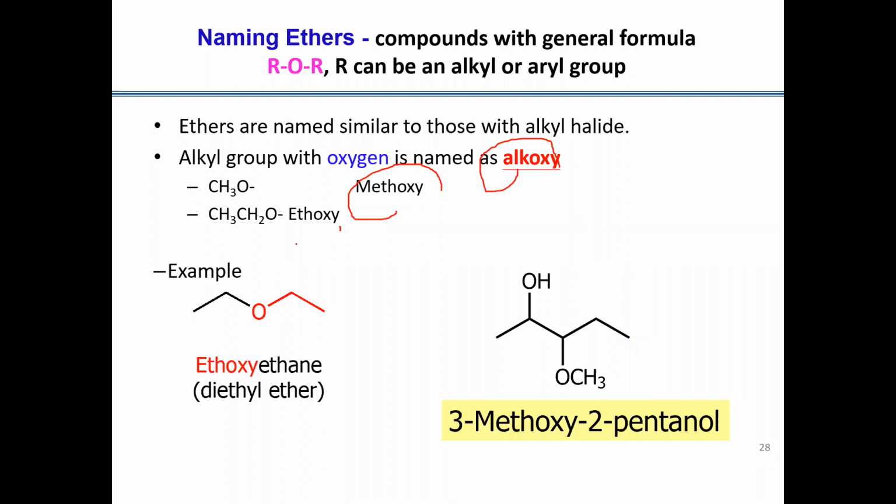This will become ethoxy. So the IUPAC name of diethyl ether is actually ethoxyethane, just because it has an ethyl group along with the oxygen. So it becomes ethoxyethane.